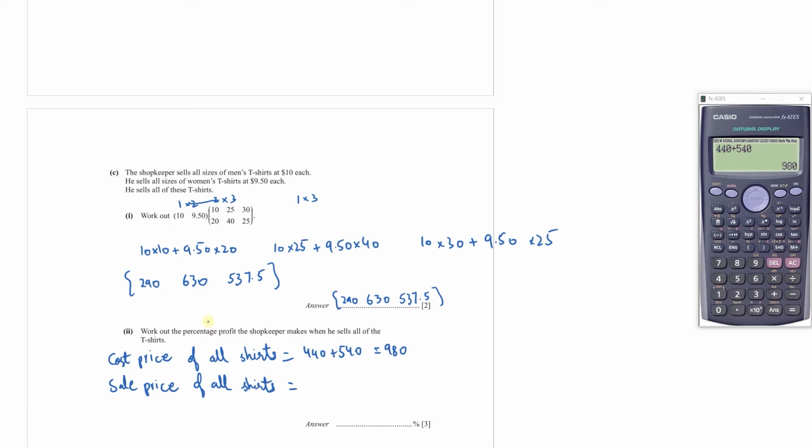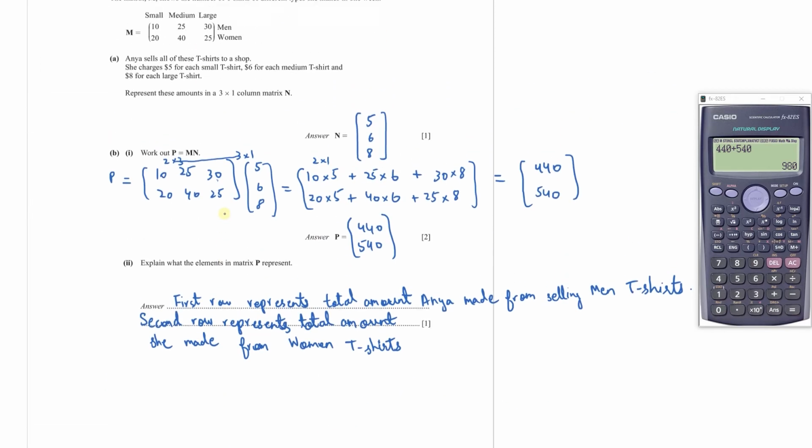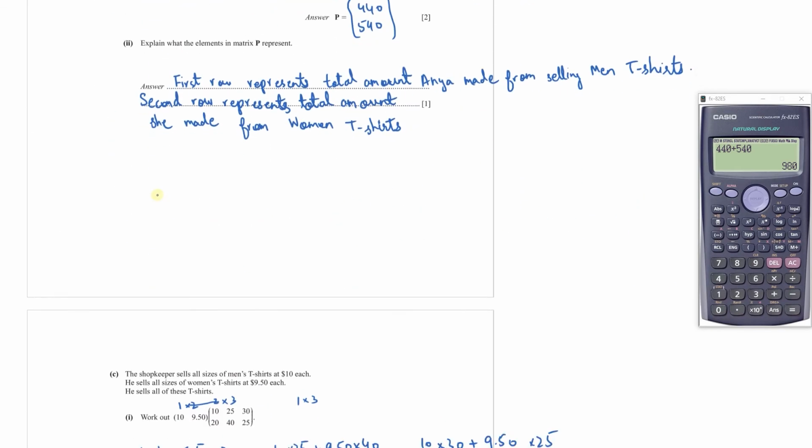will be the sum of all these three. So this sale price is for, so 10 and 20 were the small size shirts, right?